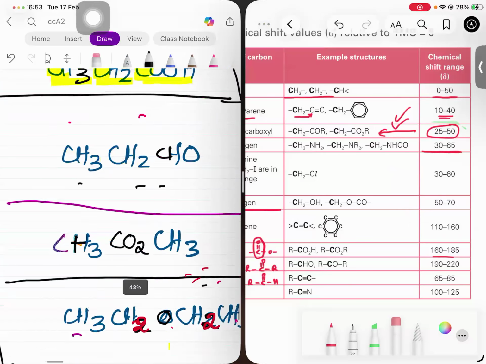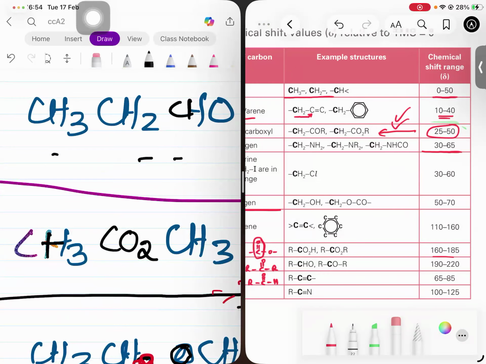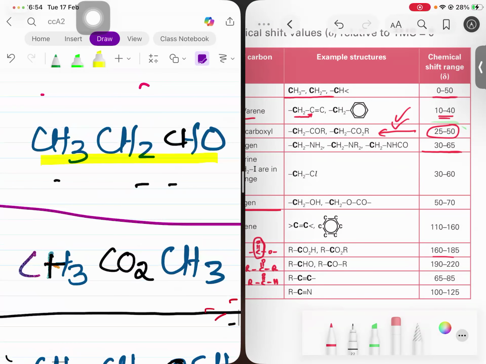Okay, Aries, now coming back to you. There are 3 carbons. Okay, Aries, 3 peaks, because there are 3 carbons, all in different environments, so all have different peaks. What will the ranges be? The first one is 0 to 50 because it's an alkyl.